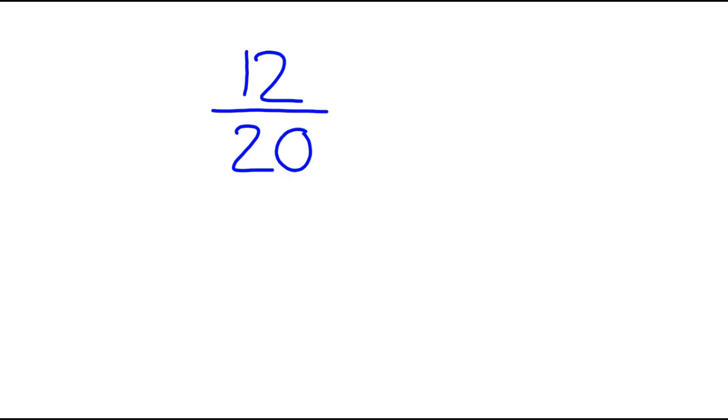Okay, you can simplify it, because they each have a common factor of 4. So I could rewrite this as 4 over 4 times 3 over 5. And that's the same as 12/20ths.